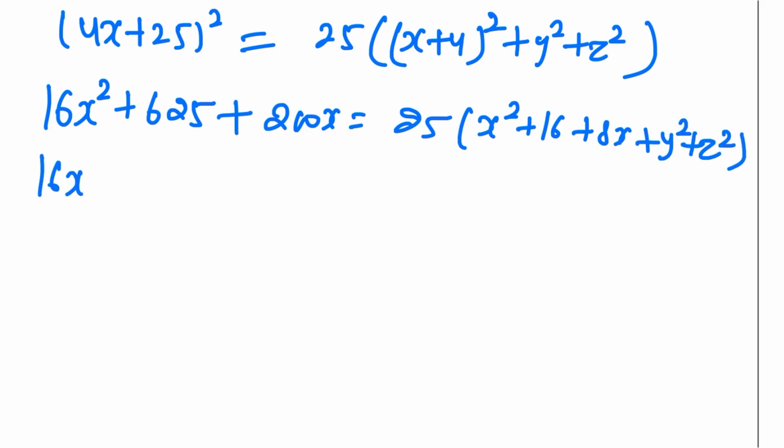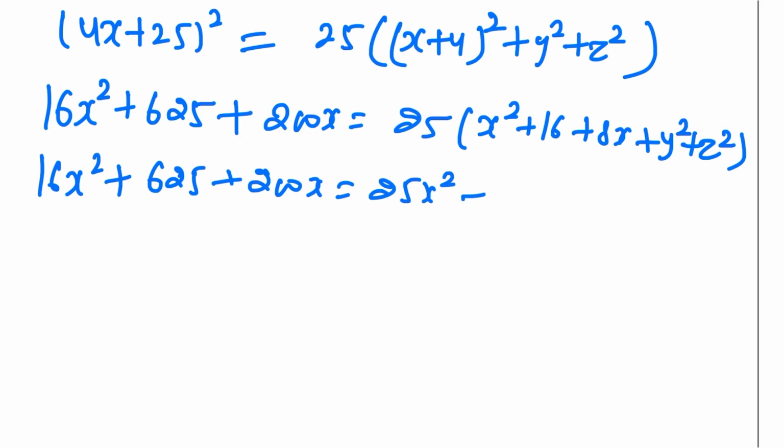So 16x square plus 625 plus 200x is equal to 25x square plus 25 into 16, which is 400, plus 200x plus 25y square plus 25z square.